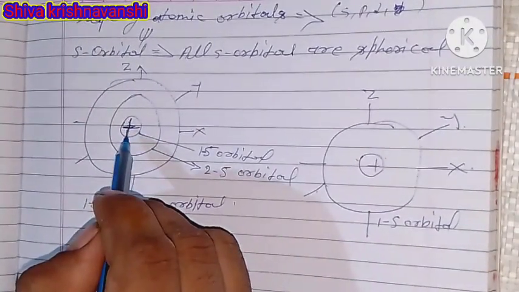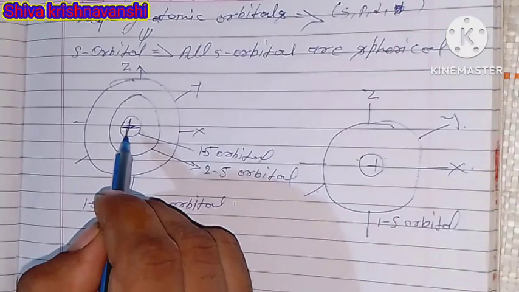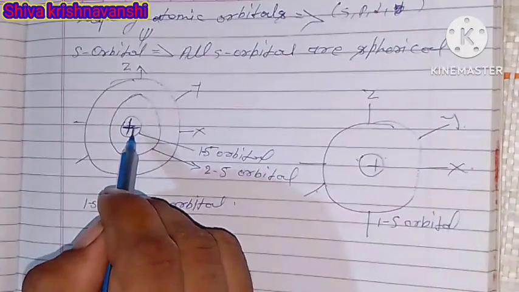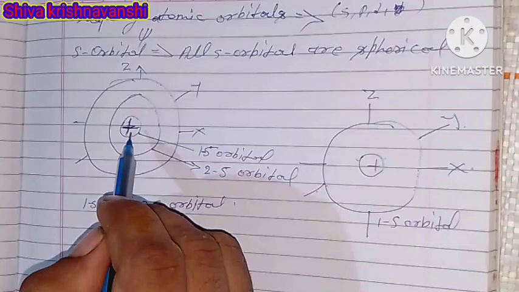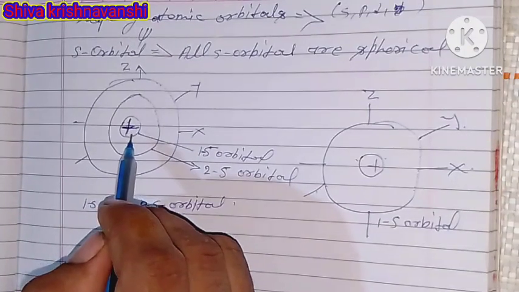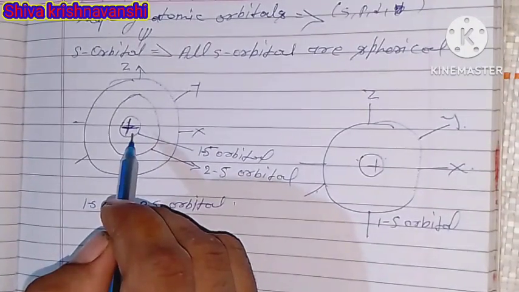The nucleus of the atom is present in the center, which is denoted by the plus. All s orbitals of an atom are identical and spherical, but their size varies.